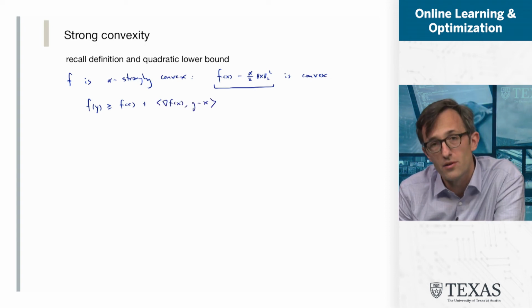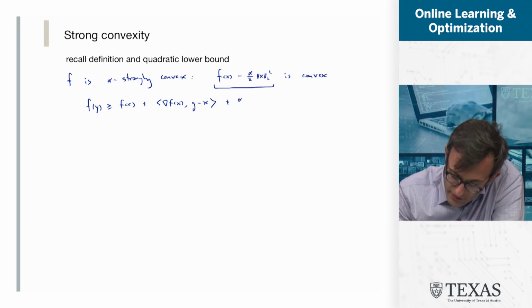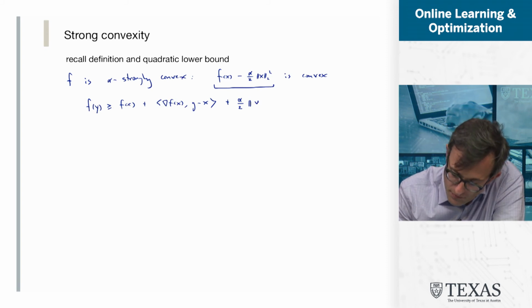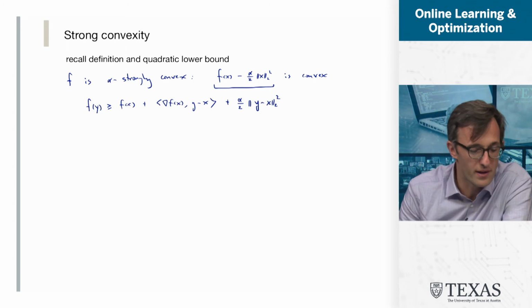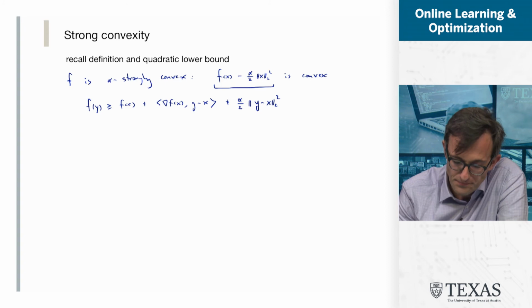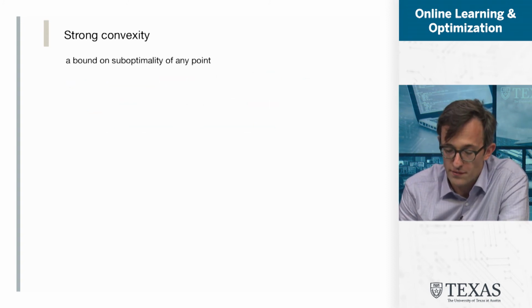Again, this is our standard bound that any convex function satisfies. But strongly convex functions also satisfy something stronger, which is that we have this quadratic here on the right-hand side. Okay, so this is the key property that we want to use for strong convexity.